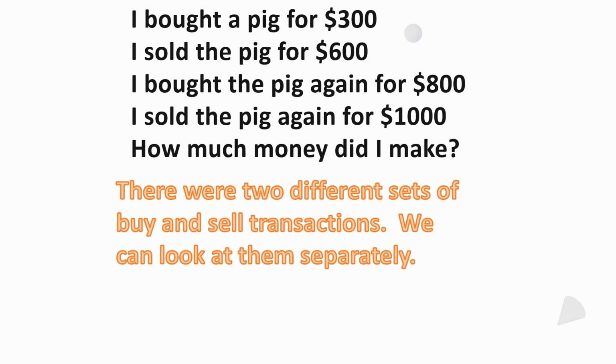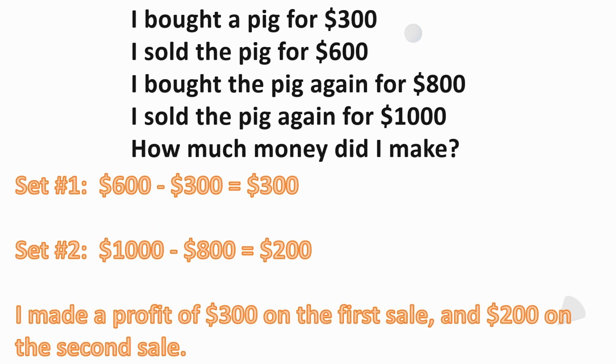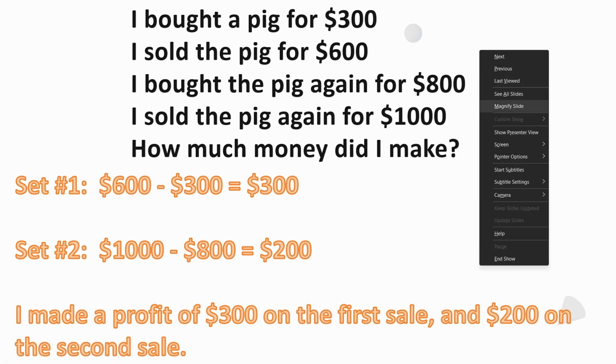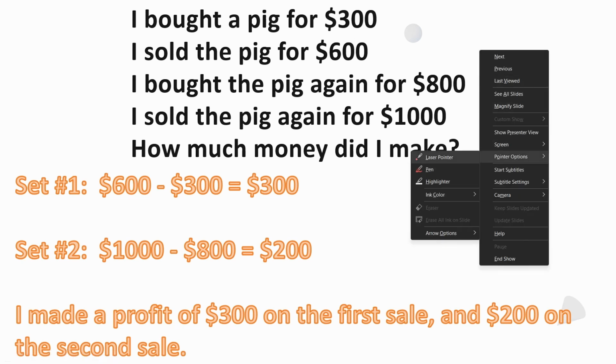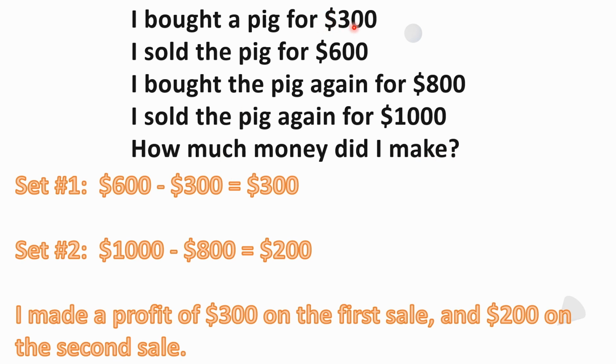So we can look at this and say, well, there were two different sets of buy and sell transactions. And one way to look at this would be to look at them separately. So set number one, you bought it at 300, you sold it for 600.